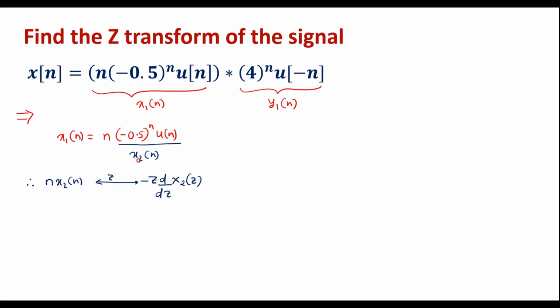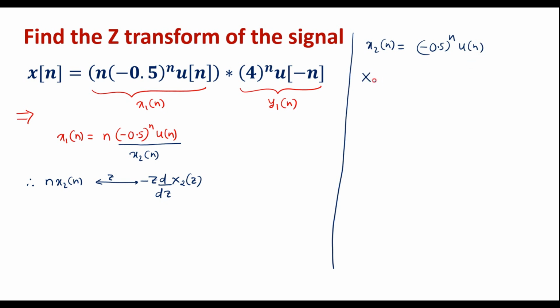So first let me calculate the Z transform of x2 of n, where x2 of n is minus 0.5 power n u of n.